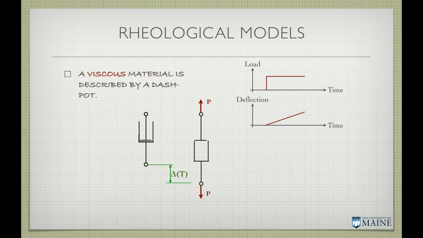So initially, when we apply a load, there is no deflection. As that load is constant, our deflection increases in a linear fashion for a Newtonian fluid. If it behaves this way, we call it a Newtonian fluid.